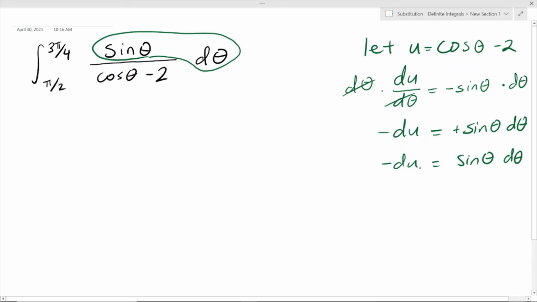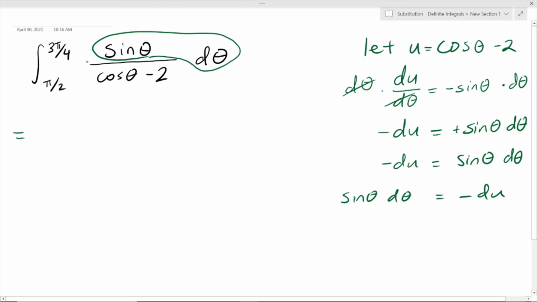So we can say that sine theta d theta is equal to negative du, and that means we can substitute this part in for the circled portion. I'm going to substitute that in, and I'm going to substitute u in for cos theta minus 2.